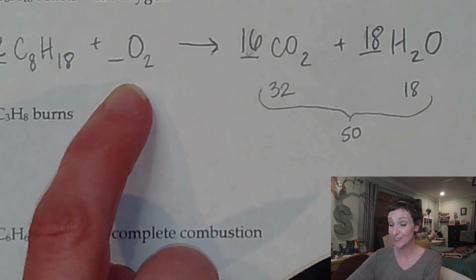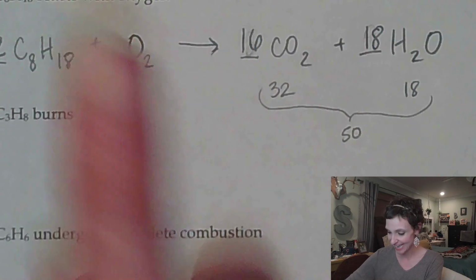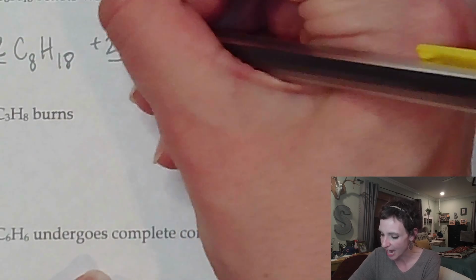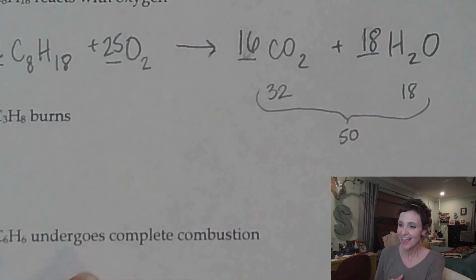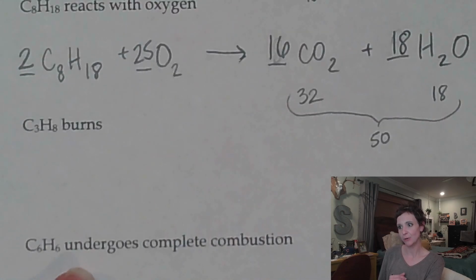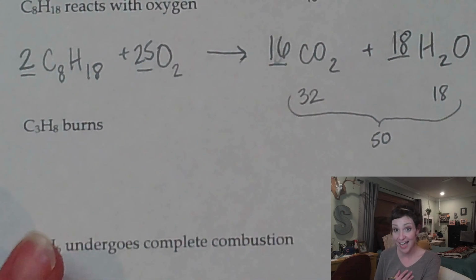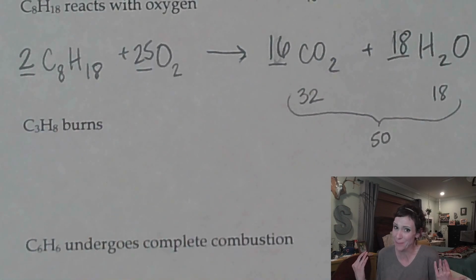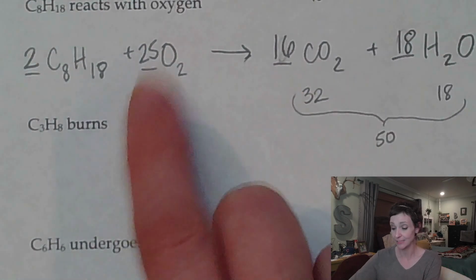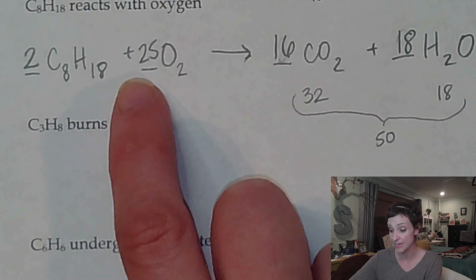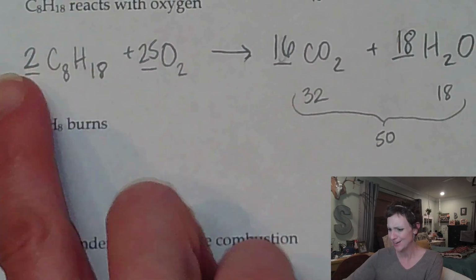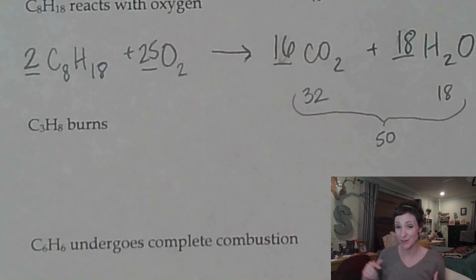So I can get 50 total oxygens on the reactant side by putting a 25, right? And y'all are like, oh my gosh, those are ginormous numbers. Yeah, I agree, but I cannot reduce those numbers down anymore because I have this really limiting odd number of a 25 that prevents me from getting those down to even lower ratio numbers.